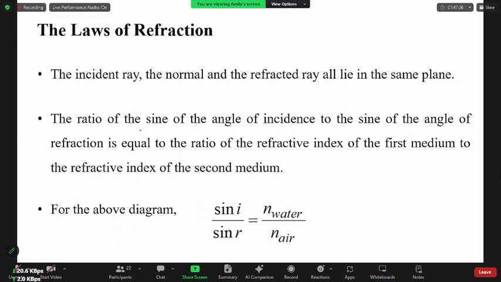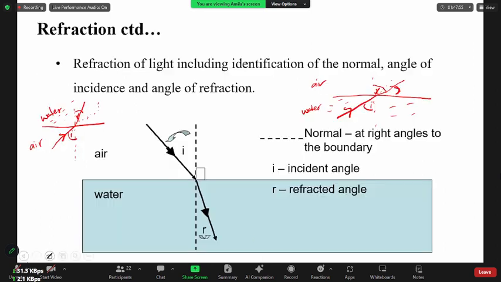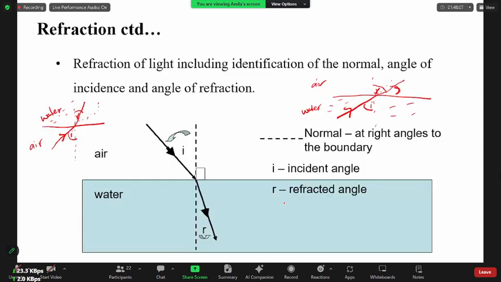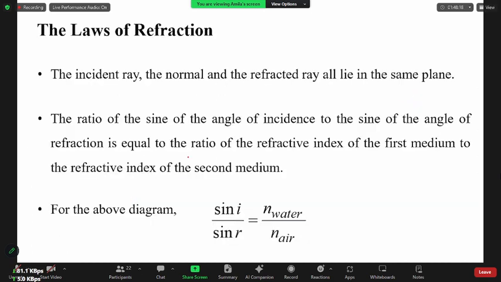The ratio of the sine of the angle of incidence, that means the sine value of this incident angle, sin i, to the sine value of the angle of refraction, sin r, is equal to the refractive index ratio. Take the first medium as air and the second medium as water.